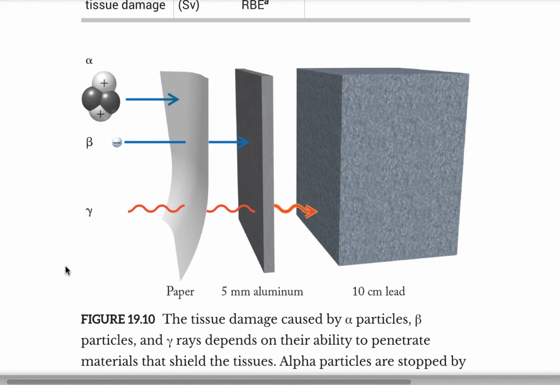The radiation can be used therapeutically as well. So when we are looking at these different kinds of radioactive products, different cancer therapies actually use radiation to try to kill certain tumors.